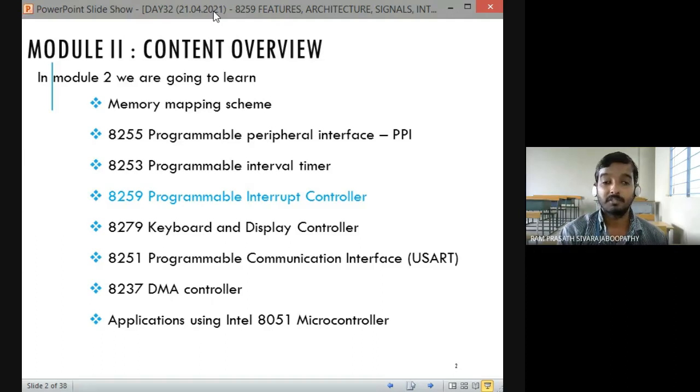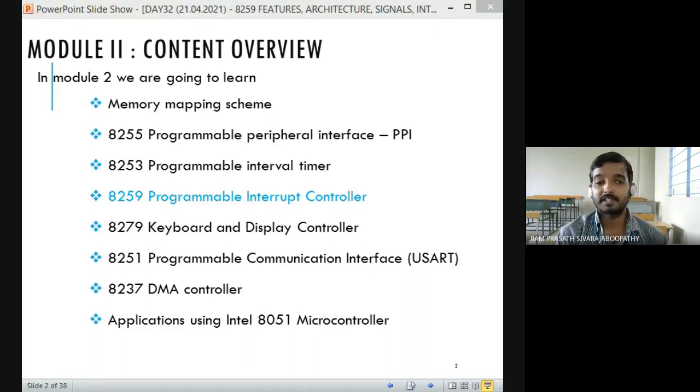So today we are going to learn about the IC 8259. It is a programmable interrupt controller. Can you guess what this IC is going to do? In total, how many hardware interrupts do we have in the 8085 microprocessor?